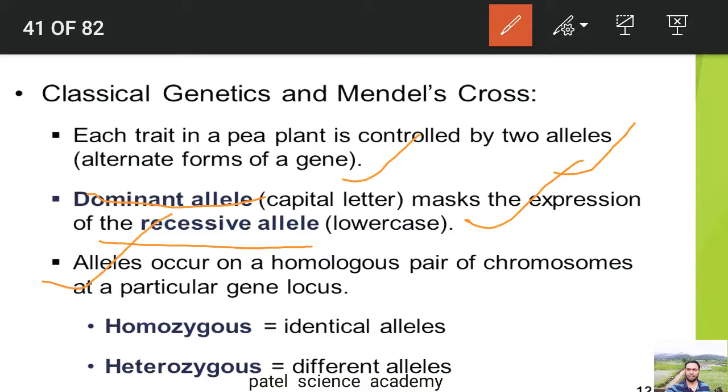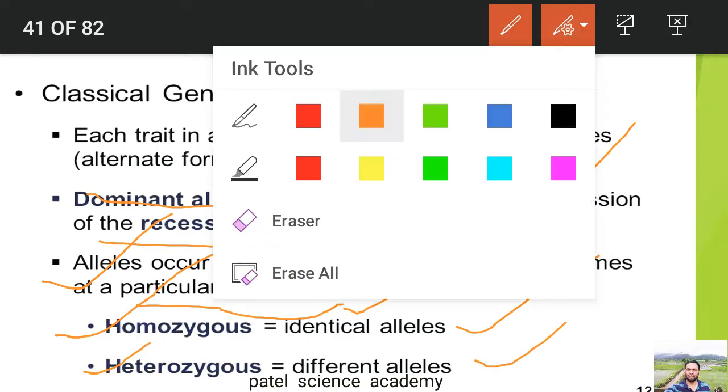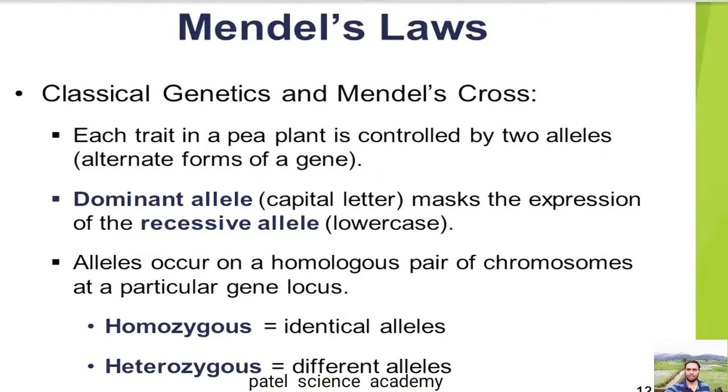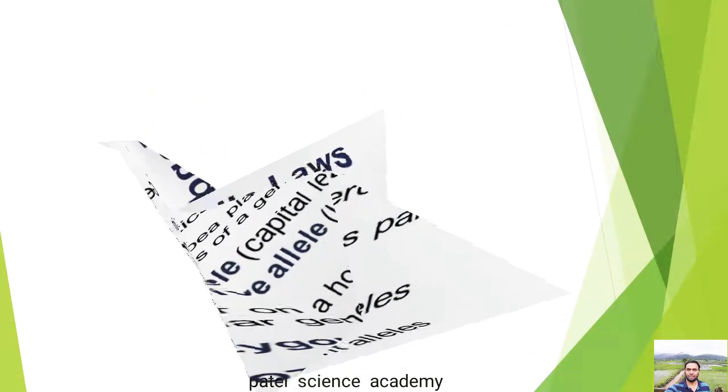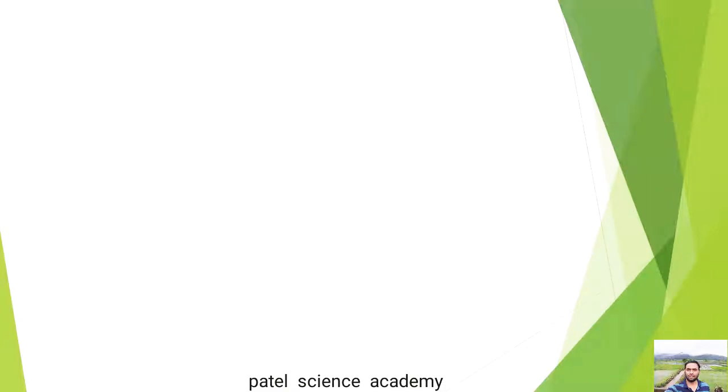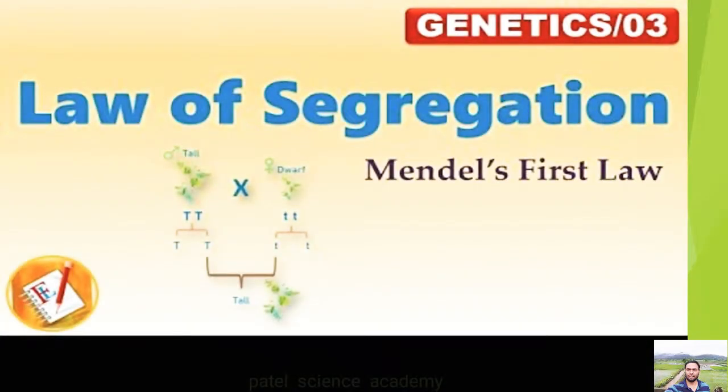Alleles occur on the homologous pairs of chromosomes at a particular gene locus. Homozygous means identical alleles, the same allele, and heterozygous means different alleles. So these are some basic terminology used in Mendel's law. Dear students, I hope you have understood the law of dominance.